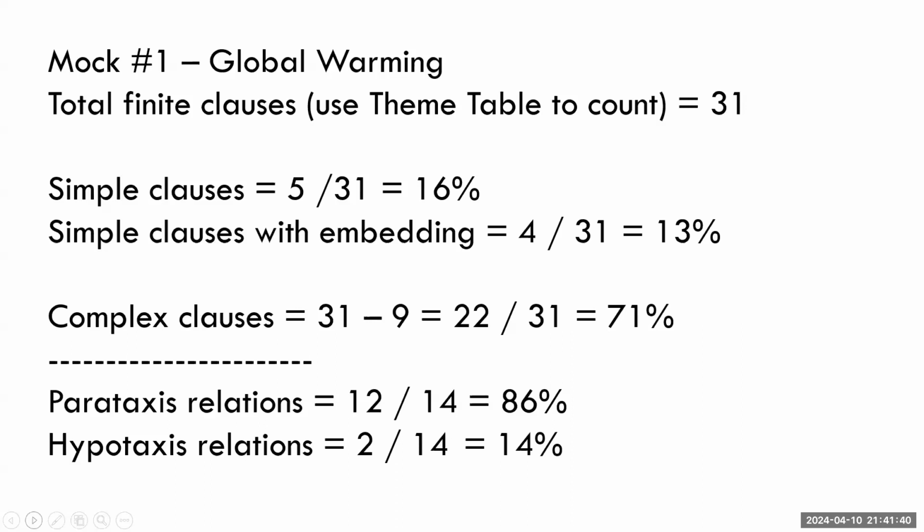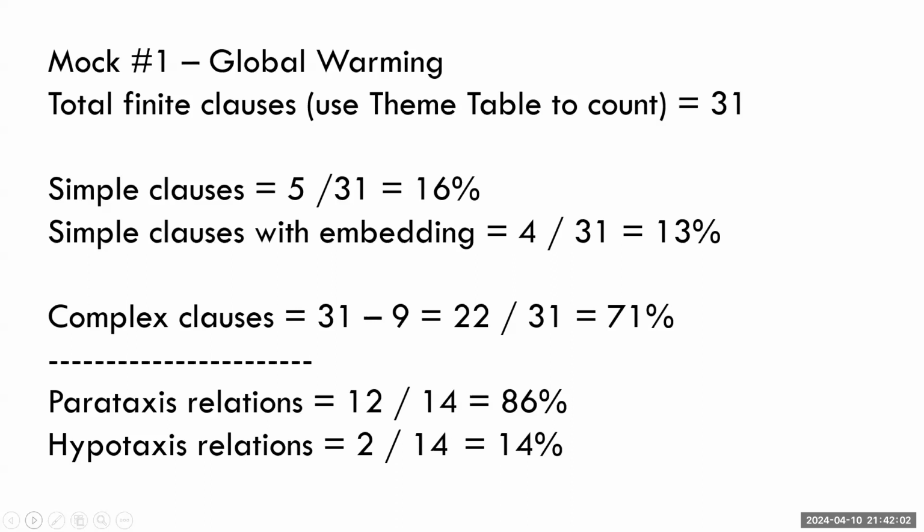Simple clauses with embedding, only 4, 13%. How many are complex clauses then? Out of that 31, if I deduct the 9 that are here, 5 and 4, I know how many complex clauses I have.